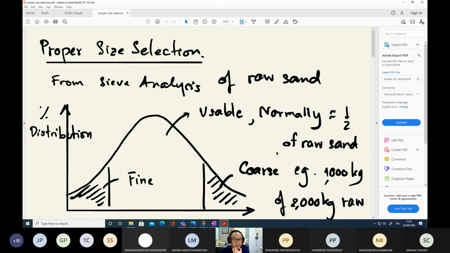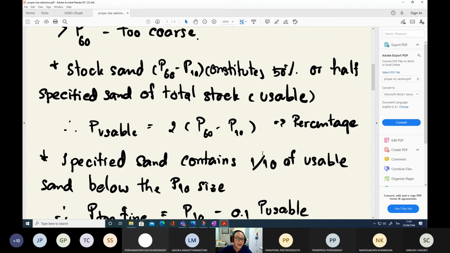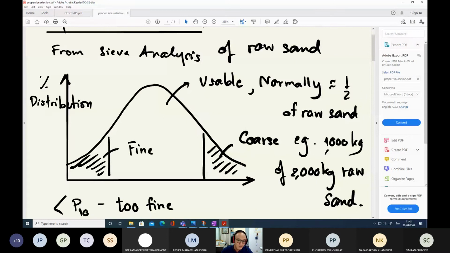This is the detail about how we can take the natural sands and then remove the too fine fractions and the too coarse fractions, and then we only use these sands for the filter media.